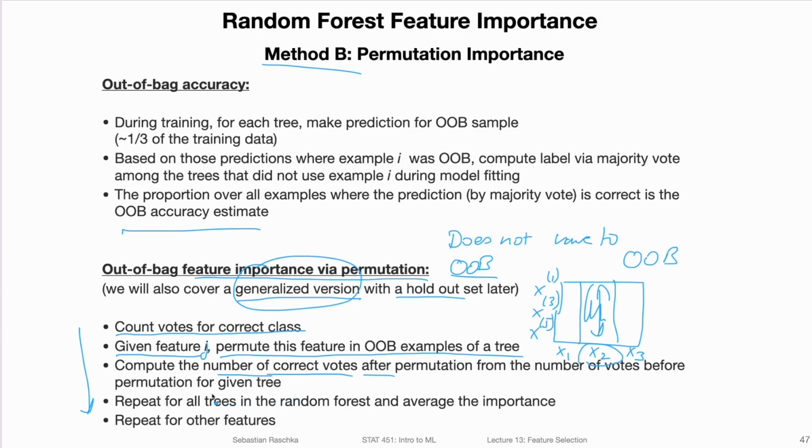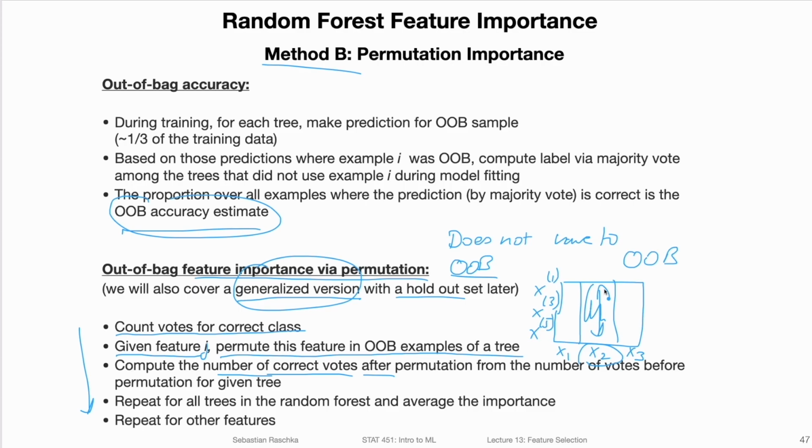And then we look at how much it has changed. So how much has the number of correct votes changed? We could also do the same thing with the accuracy. How much would the accuracy have changed after shuffling? So it gives us an indicator of how important that feature is.